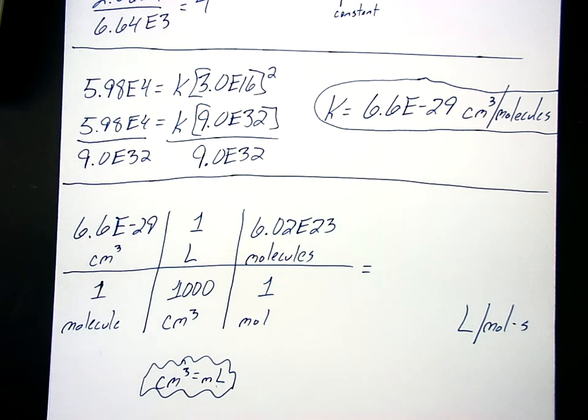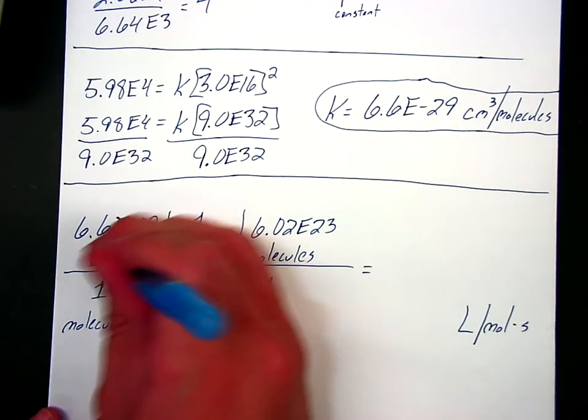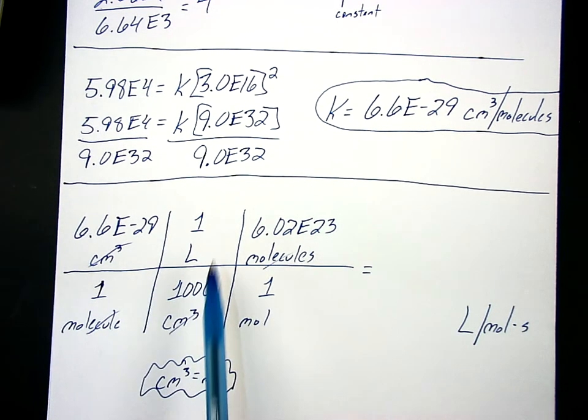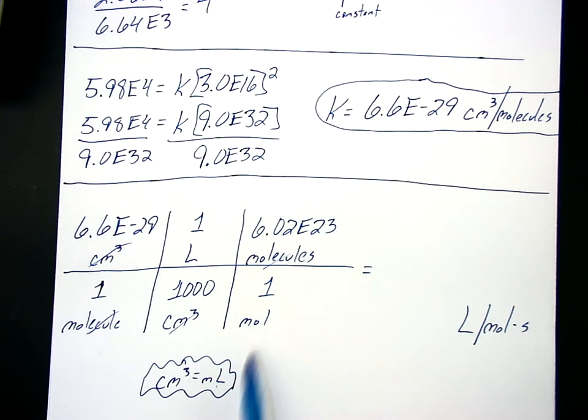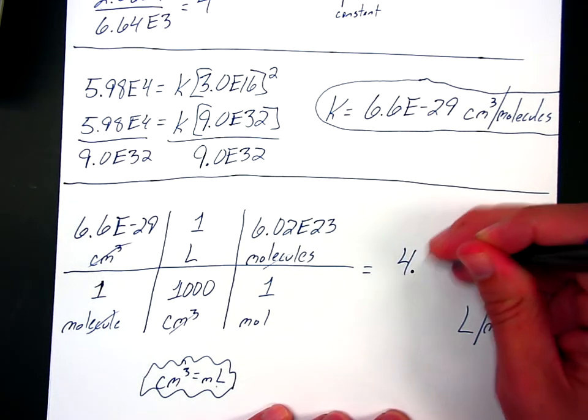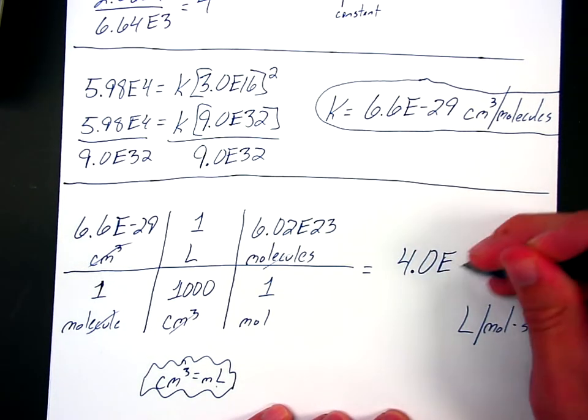So now if we go through our basic dimensional analysis process here, centimeters cubed and centimeters cubed, molecules and molecules, by running the grid, you'll end up with liters over moles, just like is required by a second order reaction. And when I run it, I get this answer here, 4.0 E negative.